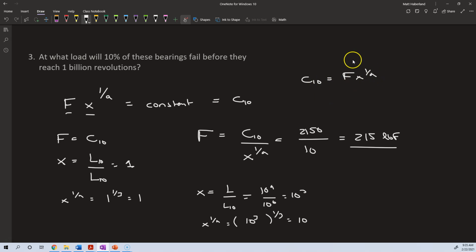This could be useful if you know what force you want to operate at and you know what life you need to get. Then what rated load are you going to need to look for in the catalog in order to find a bearing that will fit that role? But in this case, we said we know what C10 is, we know what life we need, so what force can we apply?